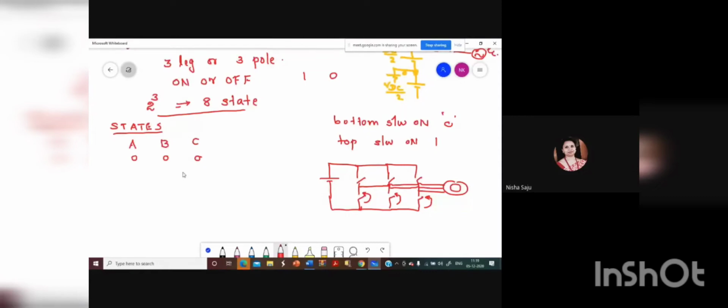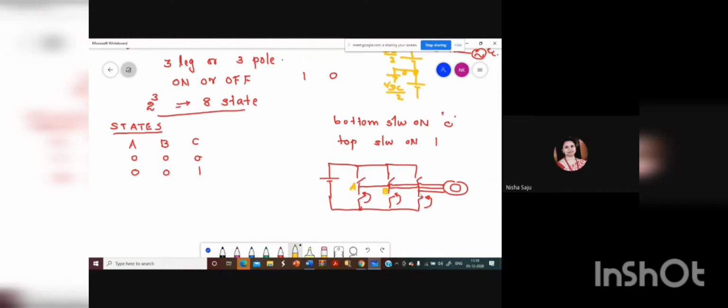And suppose you are having only 0, 0, 1, what does it imply? 0, 0, 1 means the C will be on, right? So this is A, this is B, and C will be there.